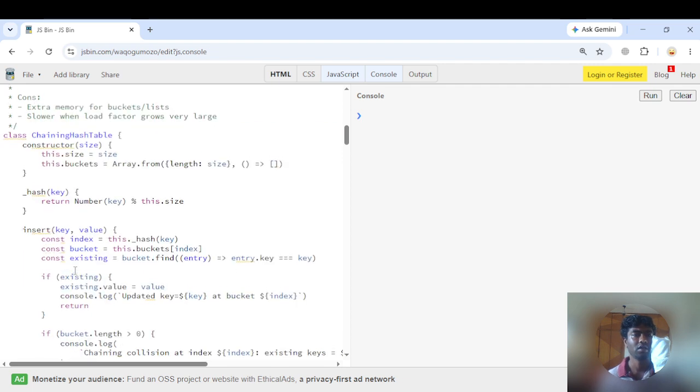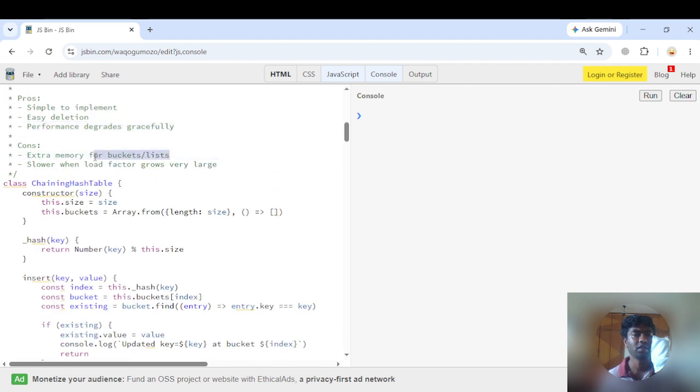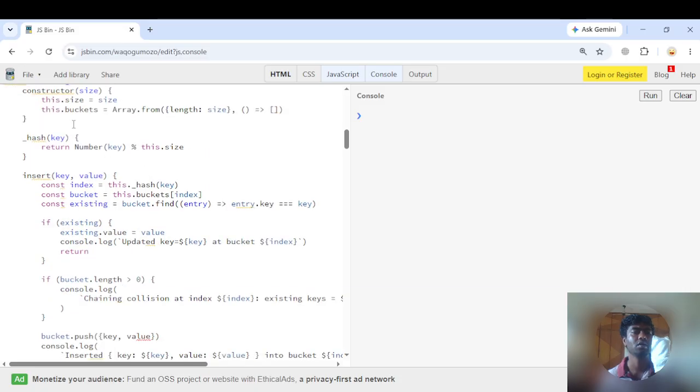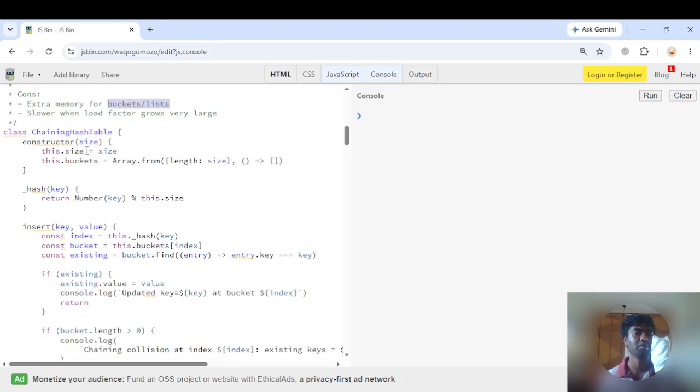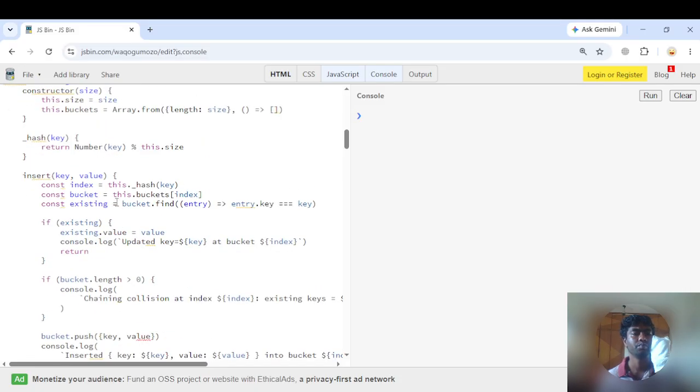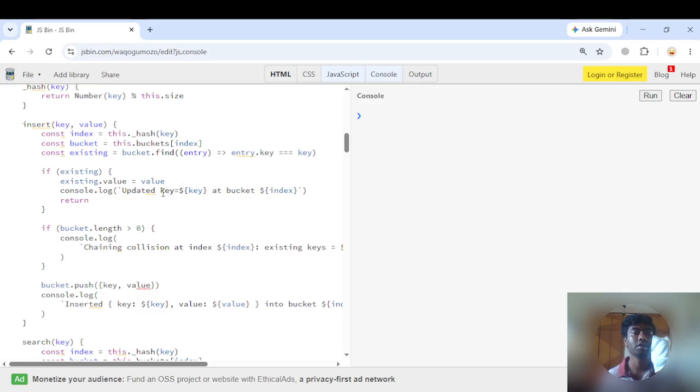And the only drawback is that the linked list at a specific index can grow very large, and searching at a specific index which is large again increases time complexity. But it's the simplest one to implement and also to understand, basically.